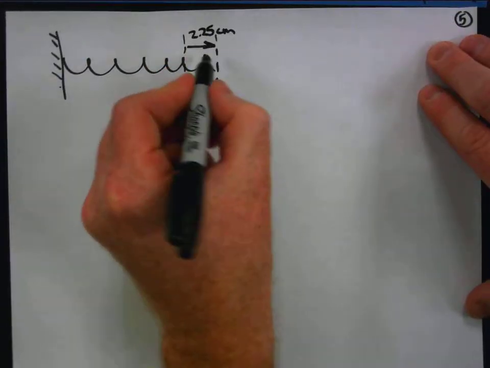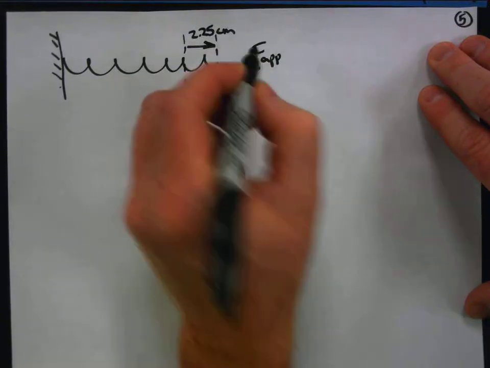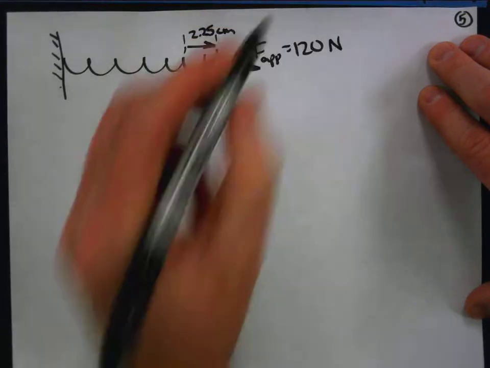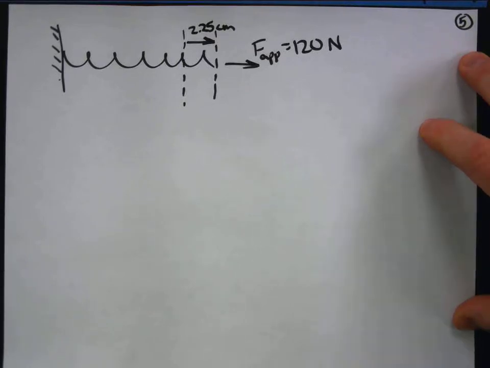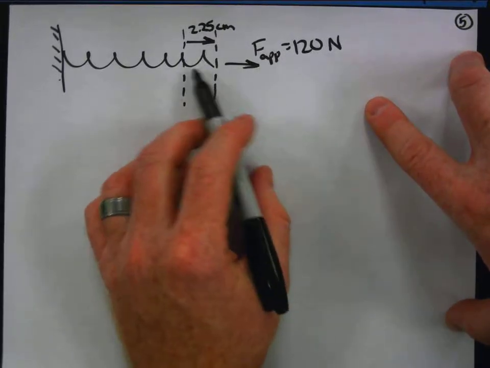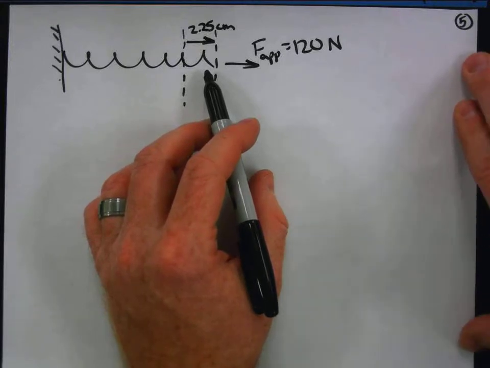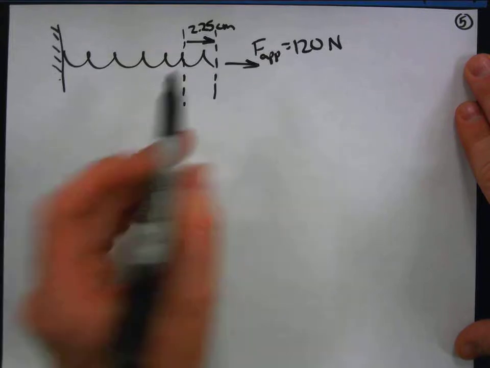And our applied force is 120 newtons. And we have to maintain that force in order to maintain this stretch of the spring. So we want to look at the potential energy of the spring when it is compressed by 3.5 centimeters.